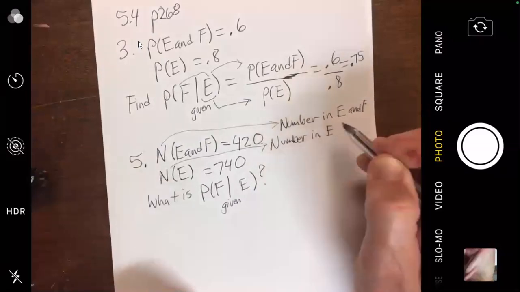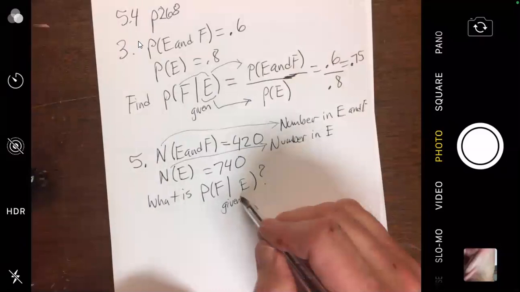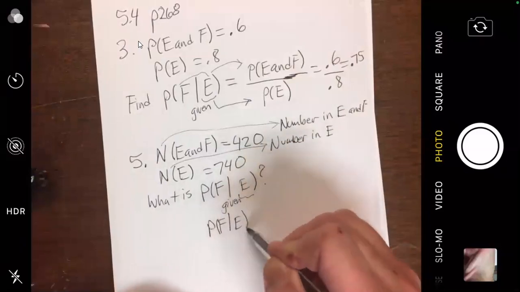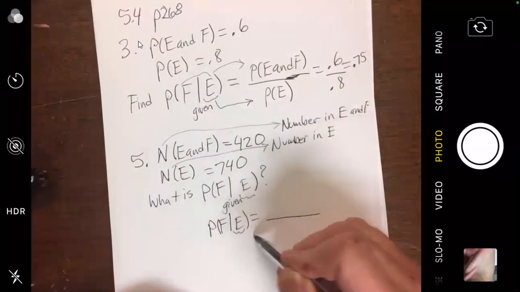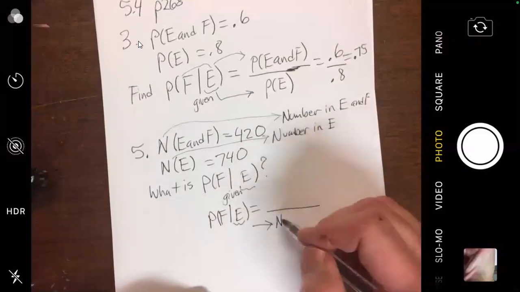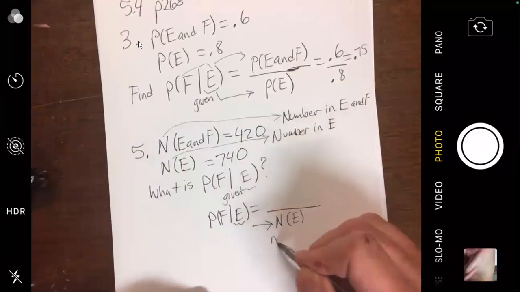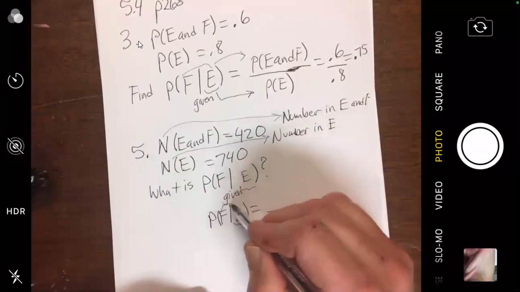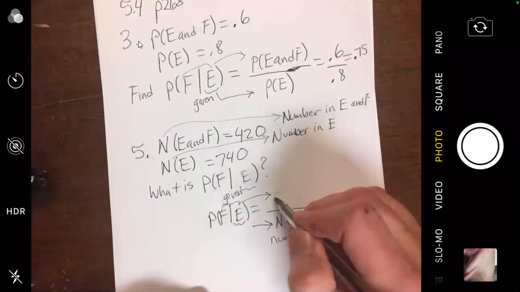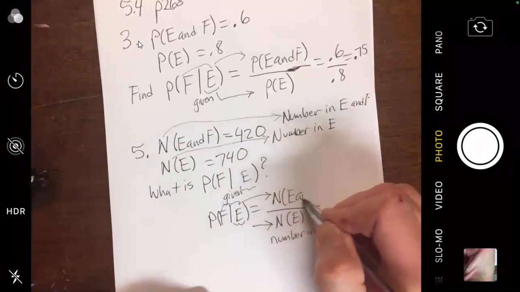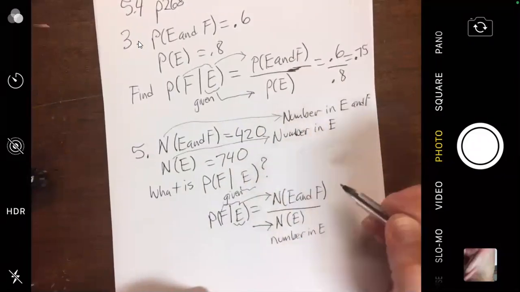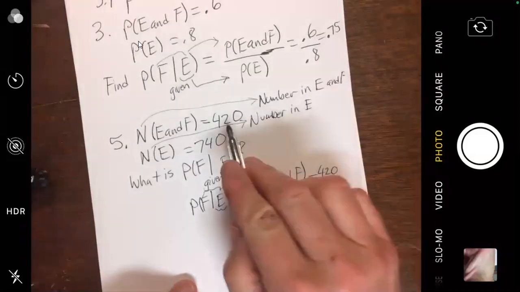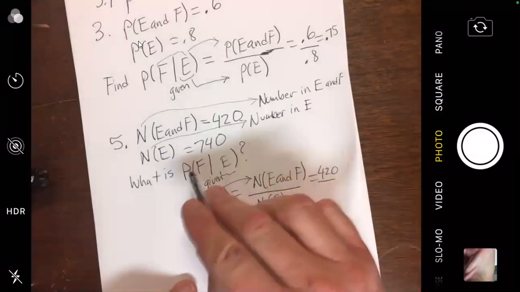You diagram it out exactly like we did before, probability of F given E. Second one goes on top, except we'll write number in E. Number in E. And then both of them are on top. Number in E and F. And now you can see your 420 goes on top. That's the number in E and F. Number in E is 740.